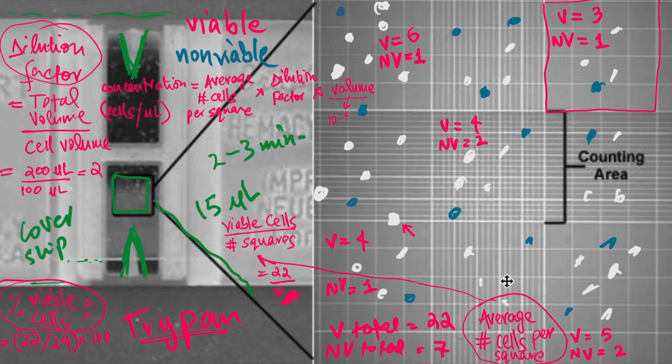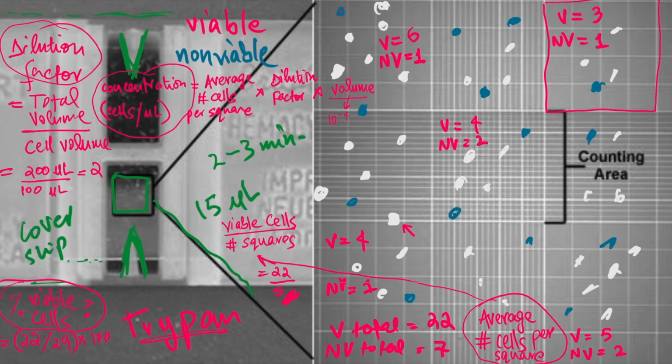So how many parameters did we look at? I think we looked into average number of cells per square. That's one. Percentage of viable cells, that's another. We looked into dilution factor, and then we looked into concentration as well. So we looked into all 4 of these parameters, and then of course we could count the number of viable and non-viable cells as well.